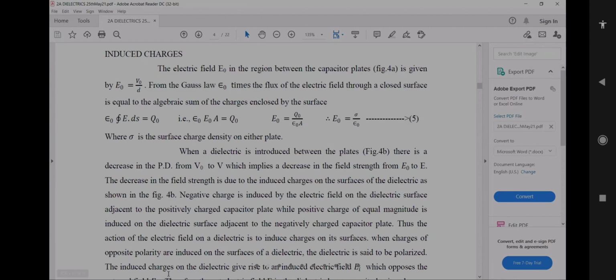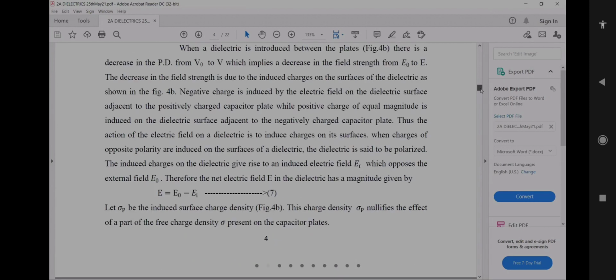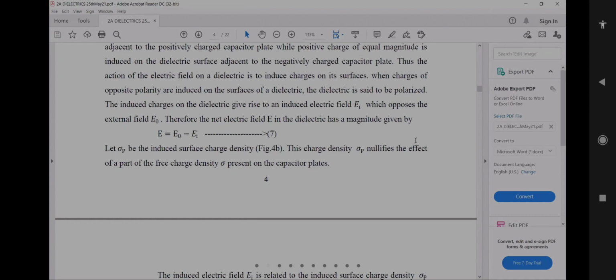The induced charges on the dielectric give rise to an induced electric field E_I, which opposes the external field E naught.